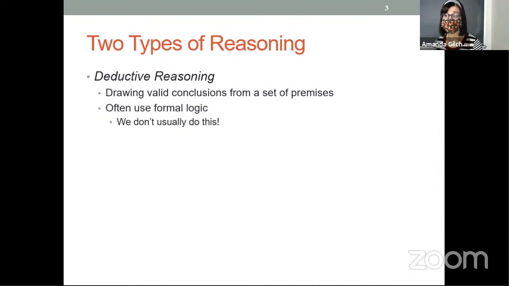Oftentimes these are going to utilize formal logic, and unless you are taking a class that uses formal logic, this is not something that you typically do. We're going to talk a little bit about how informal reasoning looks very different from using formal logic.